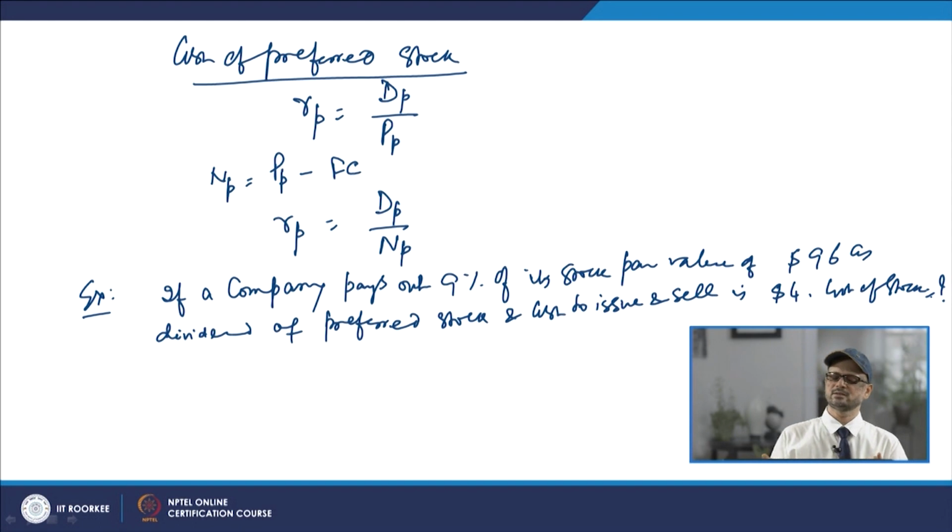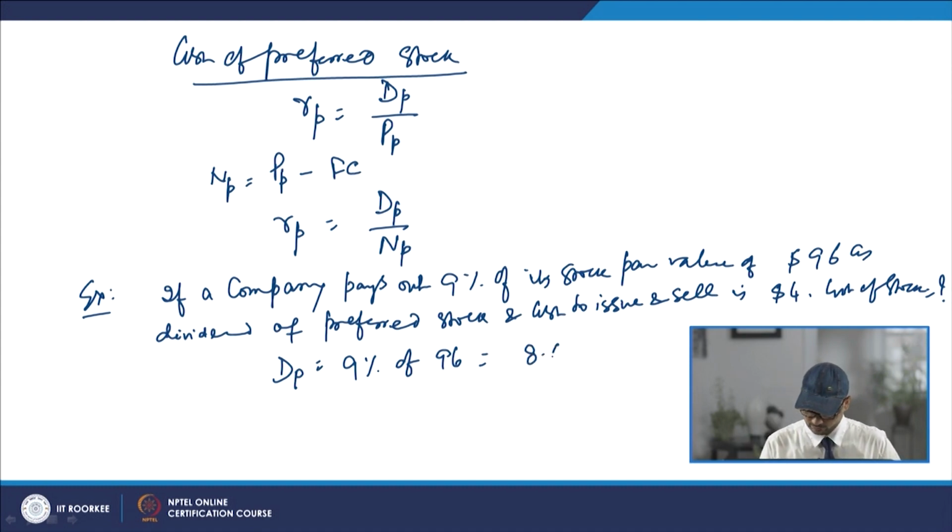We know it is using the 9%, so DP will be 9% of 96, which is 8.64.